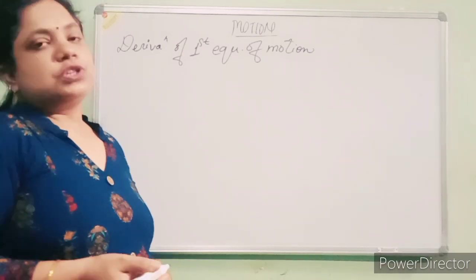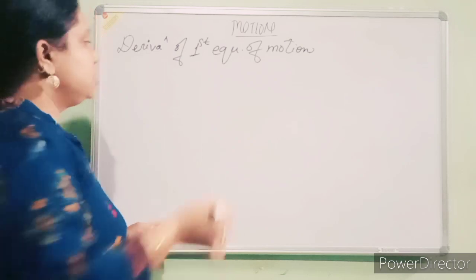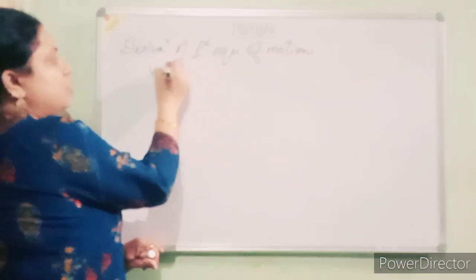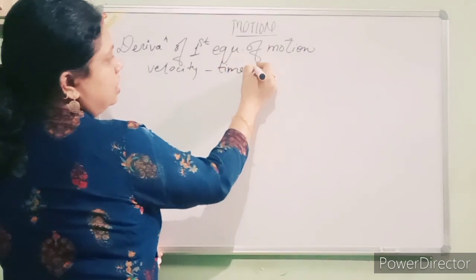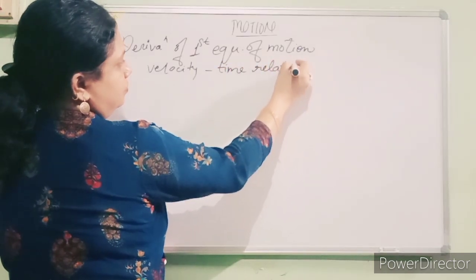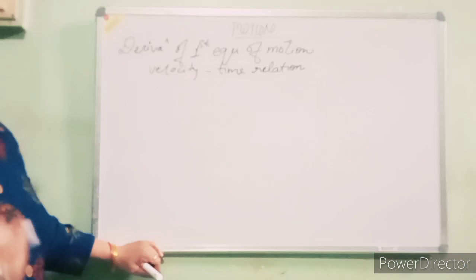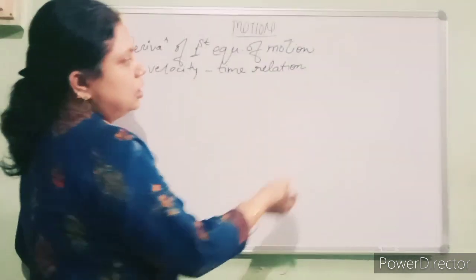And the first equation of motion represents the velocity-time relation. Clear? Now let's plot the graph.